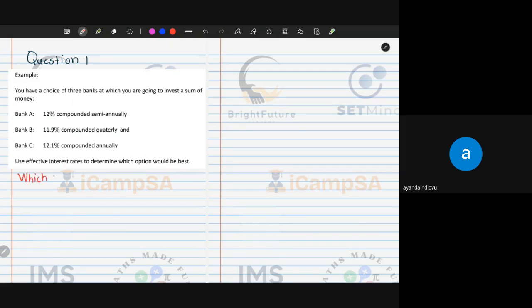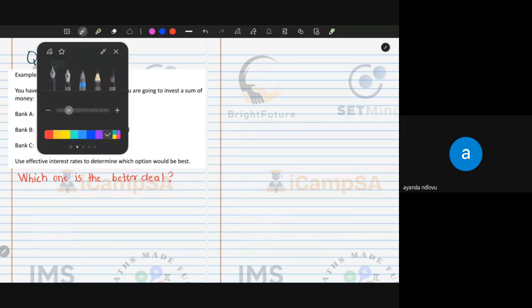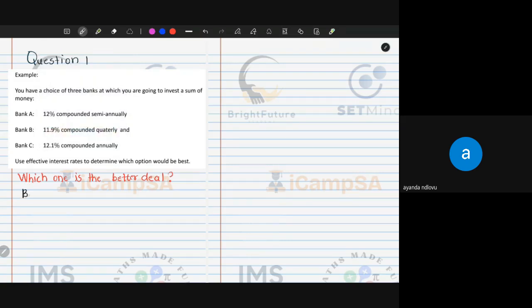So which one is the better deal here? Guys, any volunteer? I see Ayanda. I think the better option is Bank B. Bank B. Okay. So we have one person who's saying Bank B.